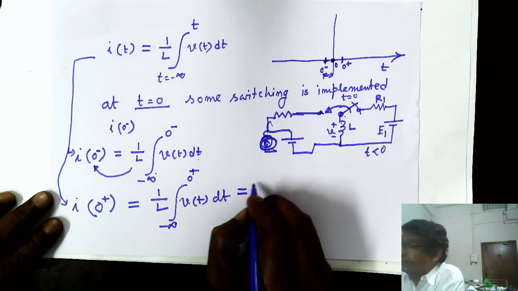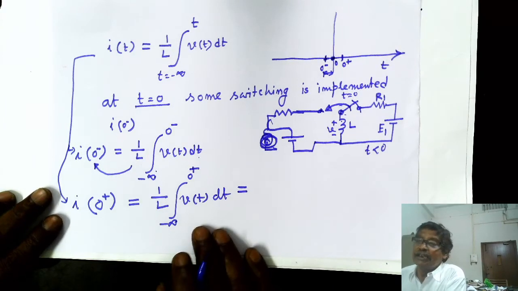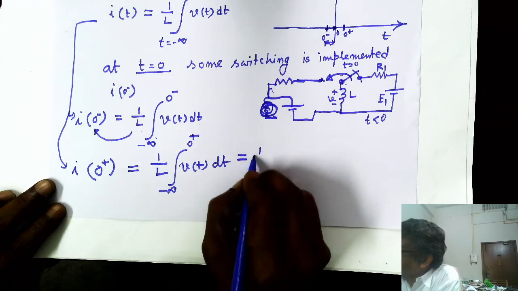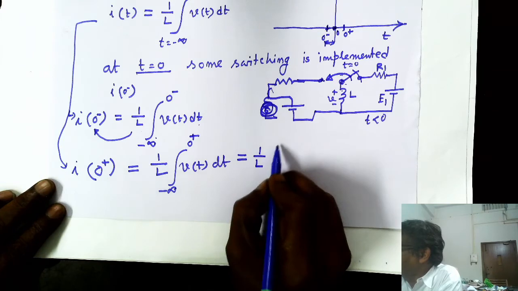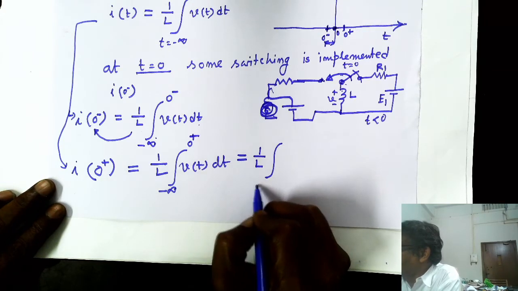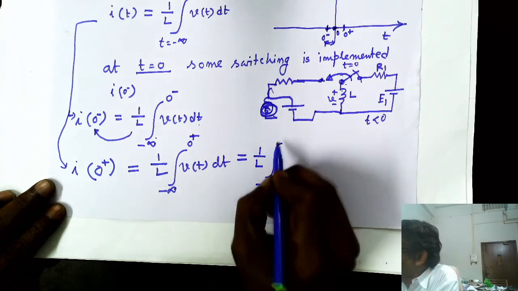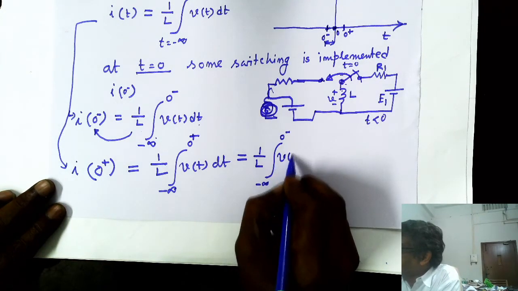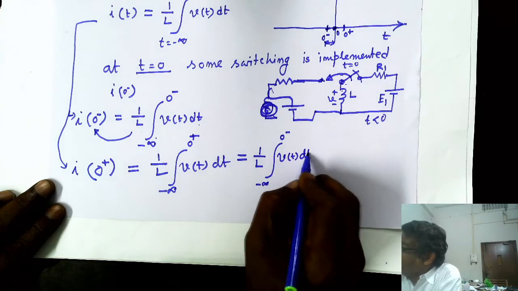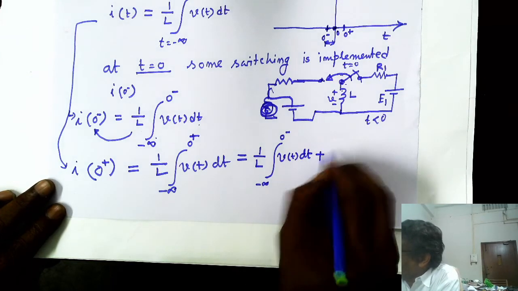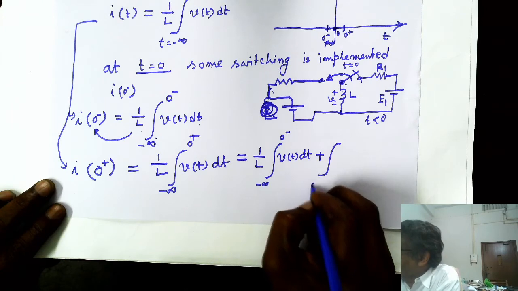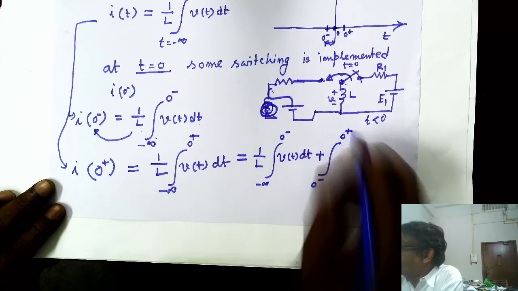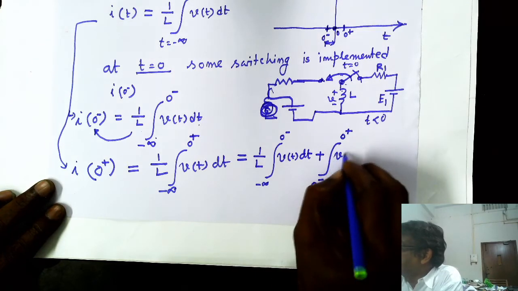These steps are important and very interesting and logical. What you can do is write it as 1 by L, the integral from t equal to minus infinity to 0 minus of v(t) dt, and then I will break this integration into two pieces, 0 minus to 0 plus of v(t) dt.